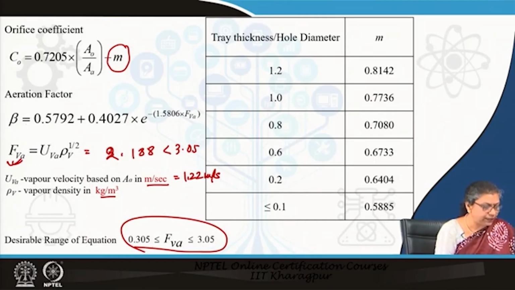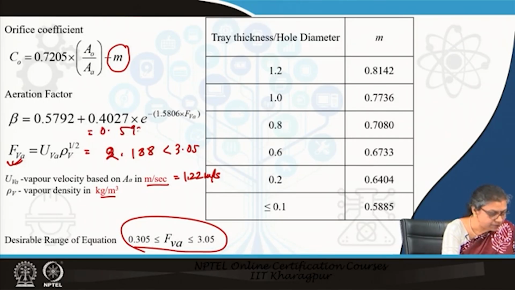This beta, if you calculate from here, you will be getting as something like 0.592, from where you can find out the tray pressure drop.